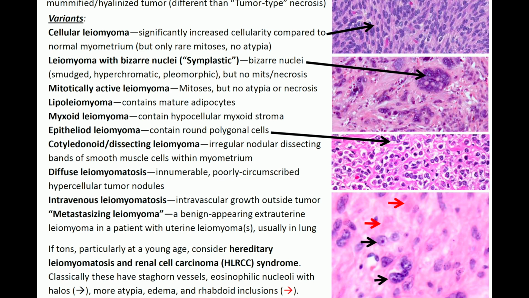Classically, these have staghorn vessels, eosinophilic nucleoli with halos, as seen here, and then more atypia, edema, and rhabdoid inclusions, which are shown with the red arrows. That syndrome is going to show loss of fumarate hydratase and gain of 2SC.